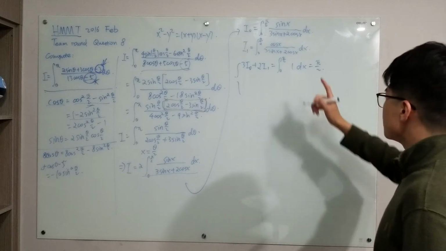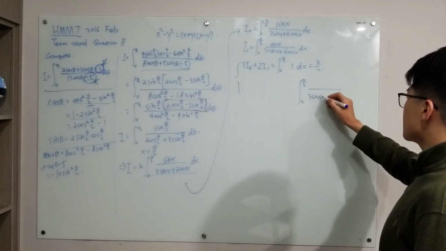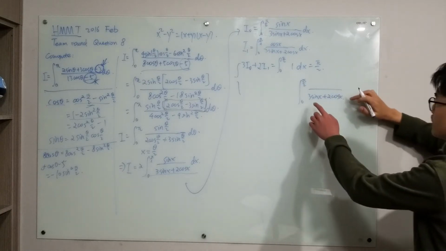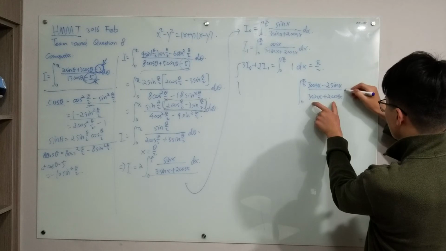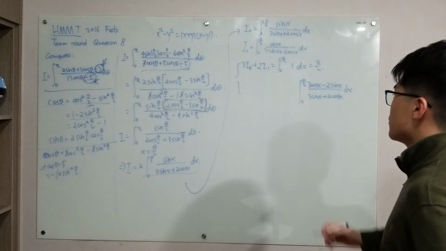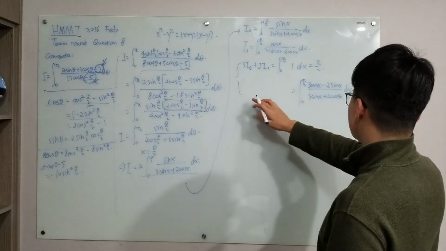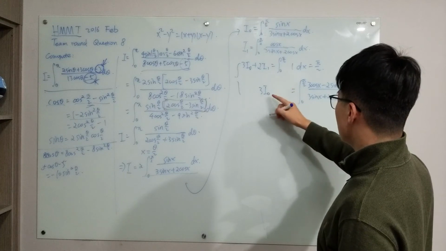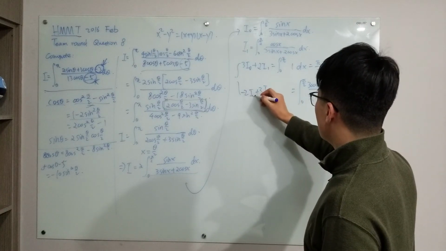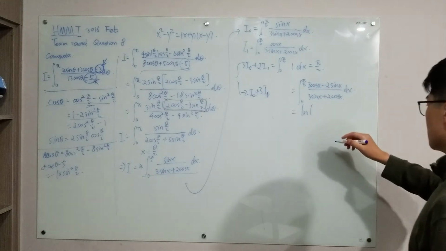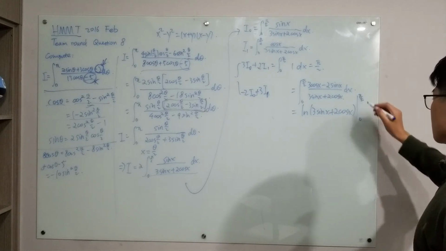The next integral we construct is the integral from 0 to pi over 2 of the derivative of 3 sine x plus 2 cosine x, which is 3 cosine x minus 2 sine x, over 3 sine x plus 2 cosine x. There are other ways to construct different integrals, but I find this way the most convenient. This will be 3 I1 minus 2 I0, which is ln of 3 sine x plus 2 cosine x with bounds from 0 to pi over 2.